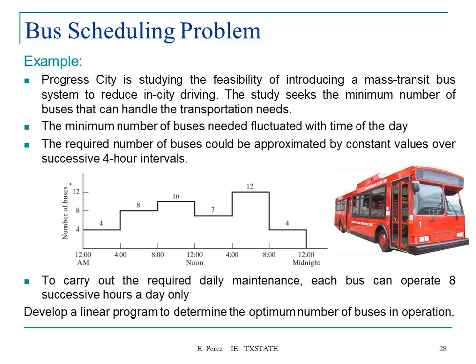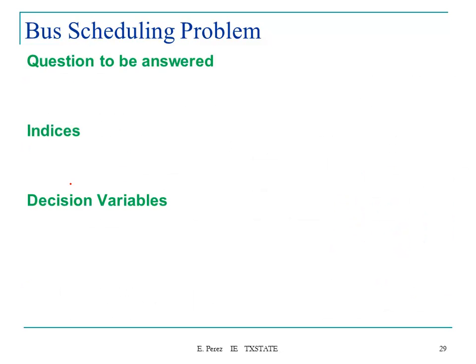Okay, so you have to take into account not only the 4 hours, but the 8-hour time period to plan for your capacity. Okay, so we're going to use LP to determine the optimal number of buses in operation by taking those constraints into account. So again, what is the question to be answered?